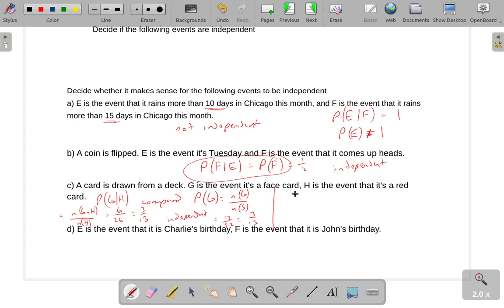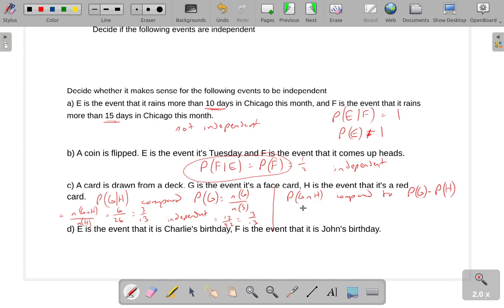If we were to do this using the other rule, we would compare the probability of G intersect H to the probability of G times the probability of H. The probability of G intersect H is the probability that you draw a card that is a face card and a red card.